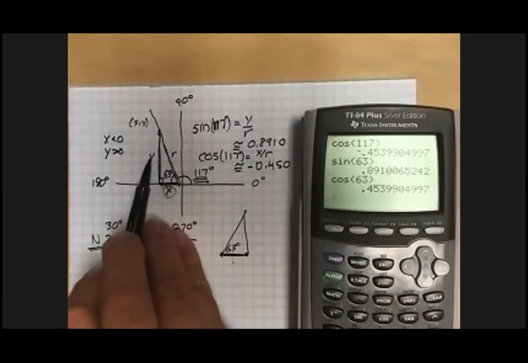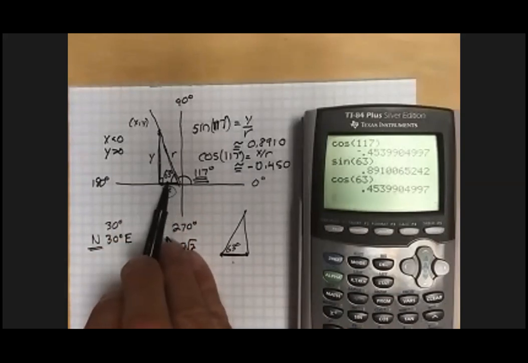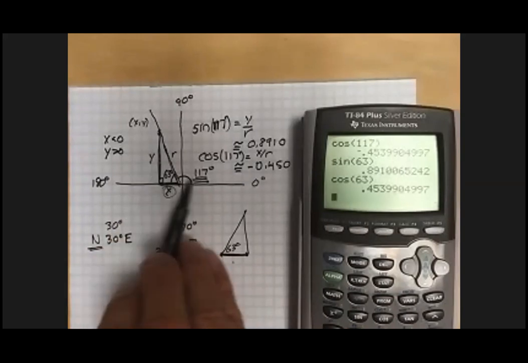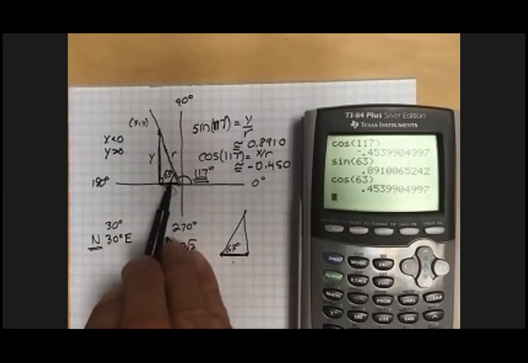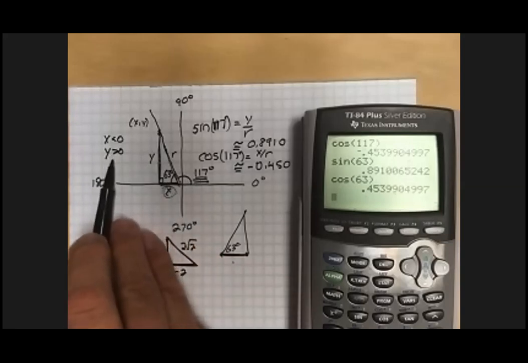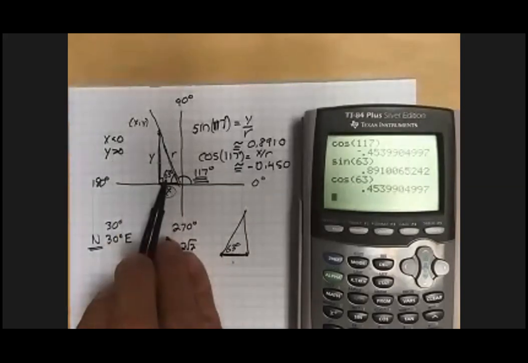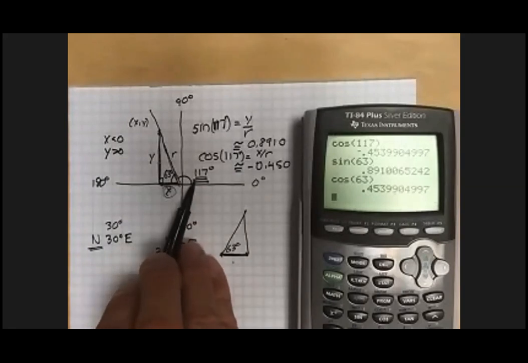So I'm thinking about this triangle as having the same trig values as 117, but adjusted for the quadrant I'm in.